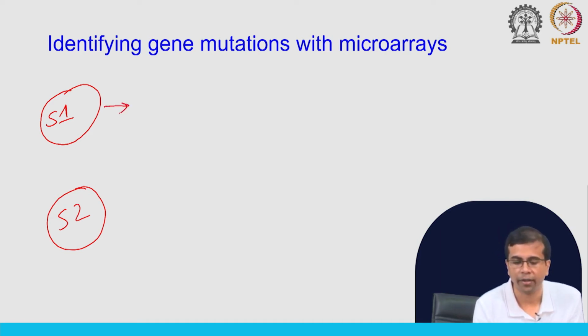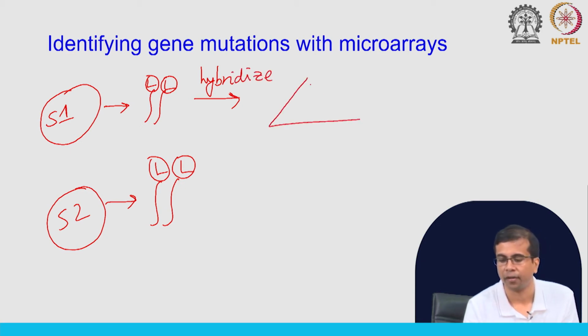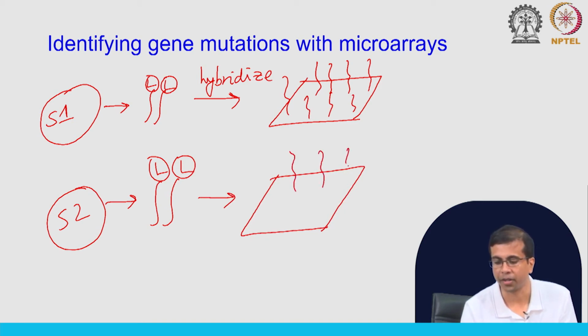So, we have these DNA fragments with the labels that we have generated from both samples, and then they are hybridized against this solid surface. So, these DNA probes are there. So, you do this hybridization.